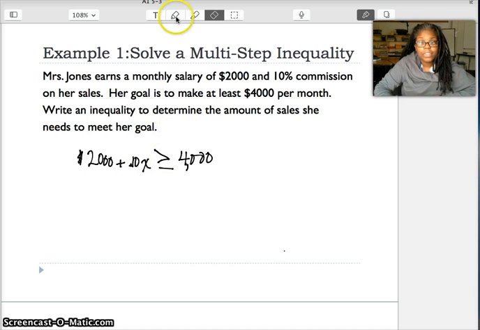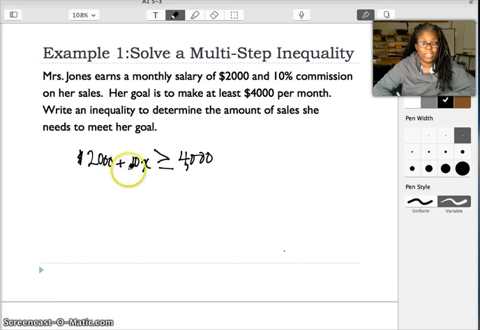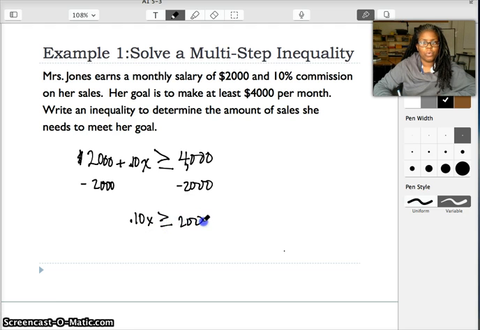All right, so now the thing that we have to do here is simply solve it, and we can do that. We're going to isolate the x term. We're going to subtract 2,000 on both sides of the inequality. When we do that, we're left with 0.10x is greater than or equal to 2,000. We know that to isolate x, we're going to have to divide by 0.10 or 0.1, however you see it.